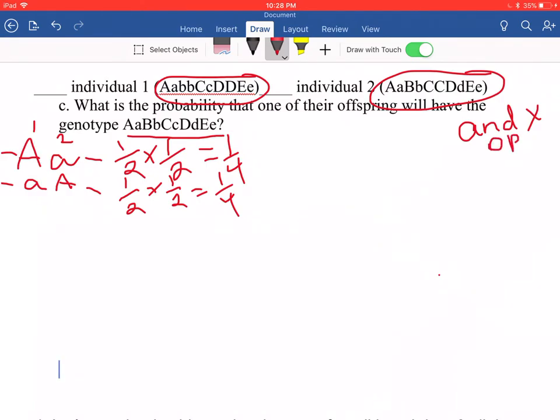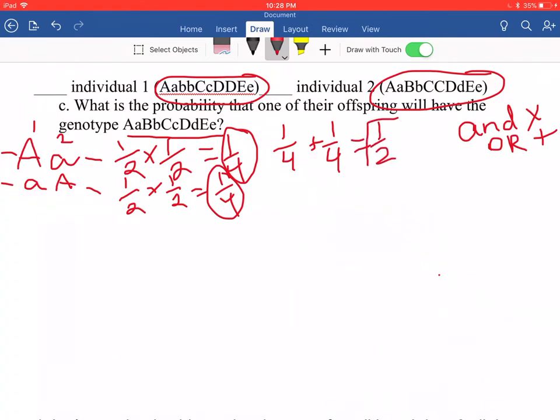When you can substitute in the word "or", we're going to add. So in this case, we're going to look at the probability that the offspring will get this combination or this combination. So that is a 4th plus a 4th, which is going to be 1/2. All right, so the probability of the offspring getting big A, little a is a half.